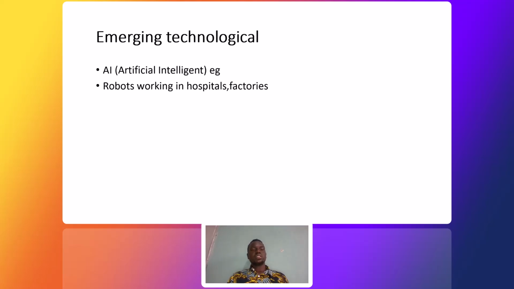Artificial intelligence can make your work perfect and simple. To summarize, there are robots which work in hospitals. All those are technology. We have to be serious, otherwise in 15 years to come, we will not see people working, but artificial intelligence working in farms, factories, schools, and the rest.